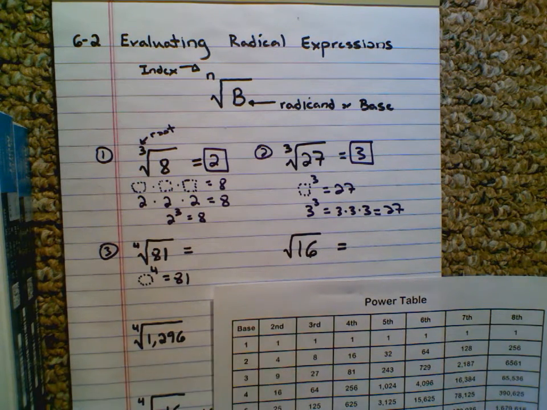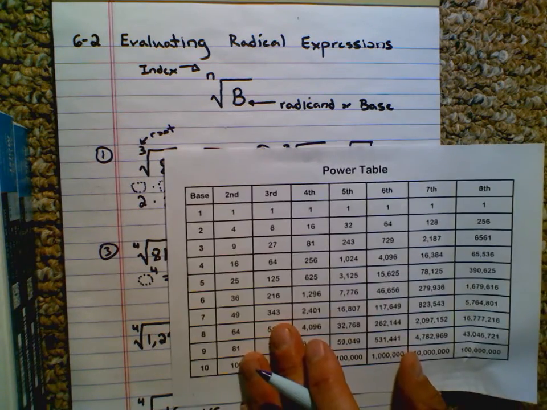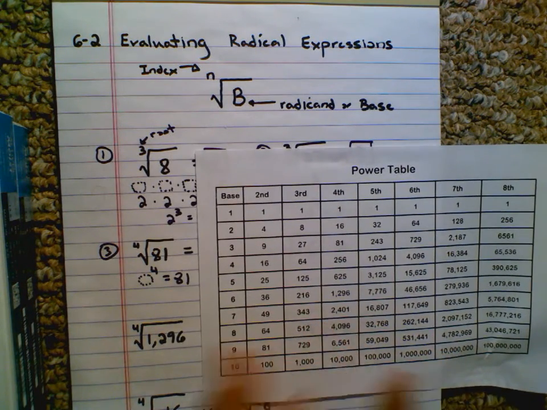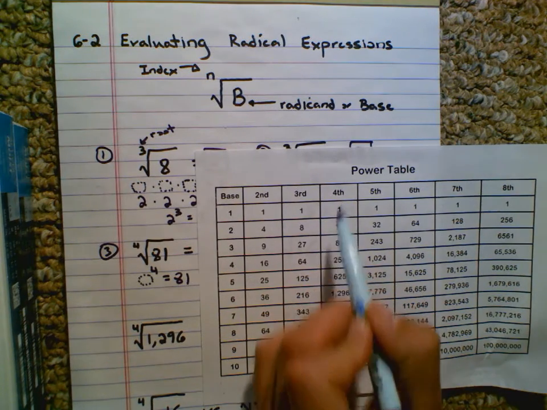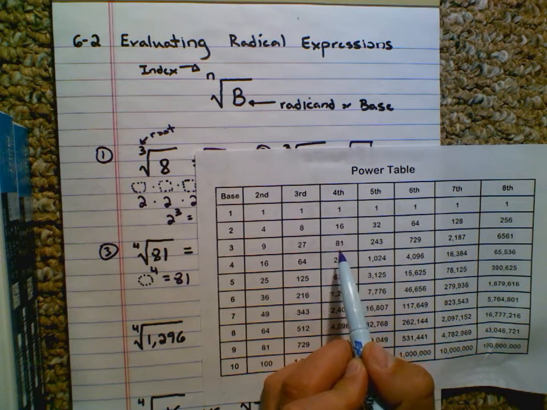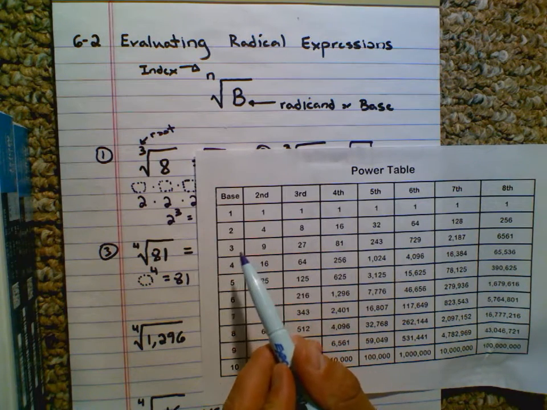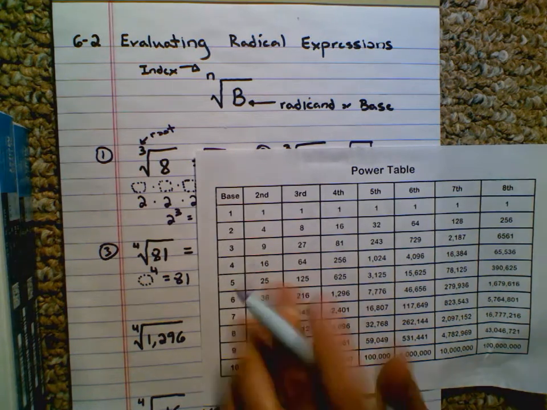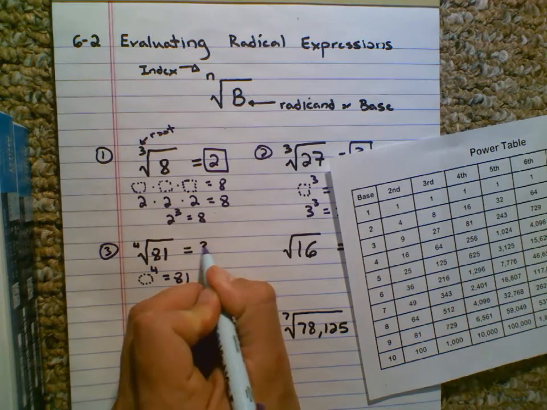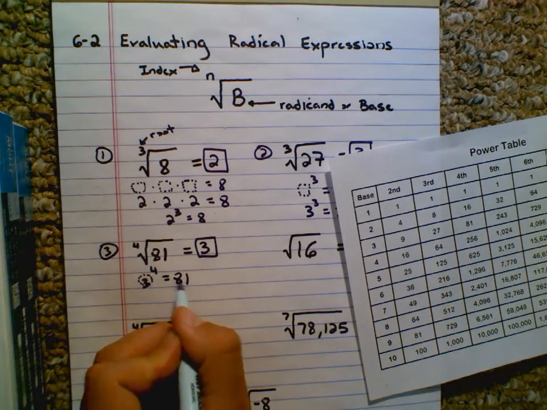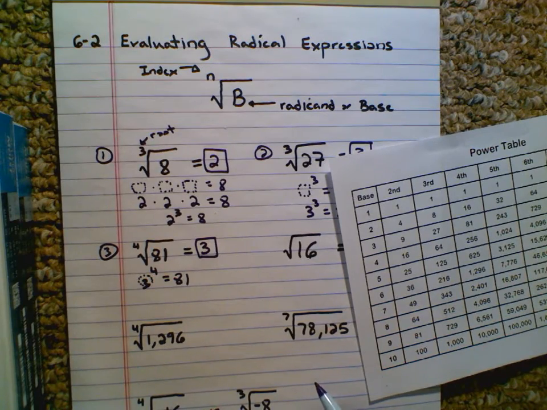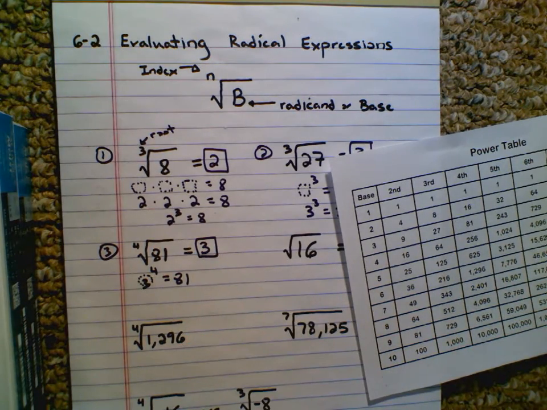So on your power table, we're taking the fourth root, so we know we're dealing with the fourth power. I go to the fourth power, I scroll down to where it says 81, and I look to see what number gives me an 81. It's 3. So this answer, the fourth root of 81, must be 3, which means 3 to the fourth is 81. So my answer here is 3.